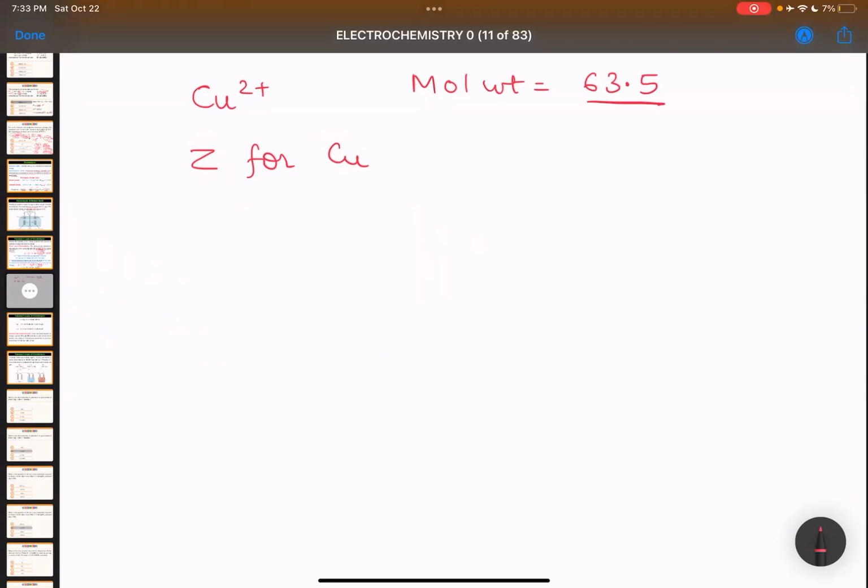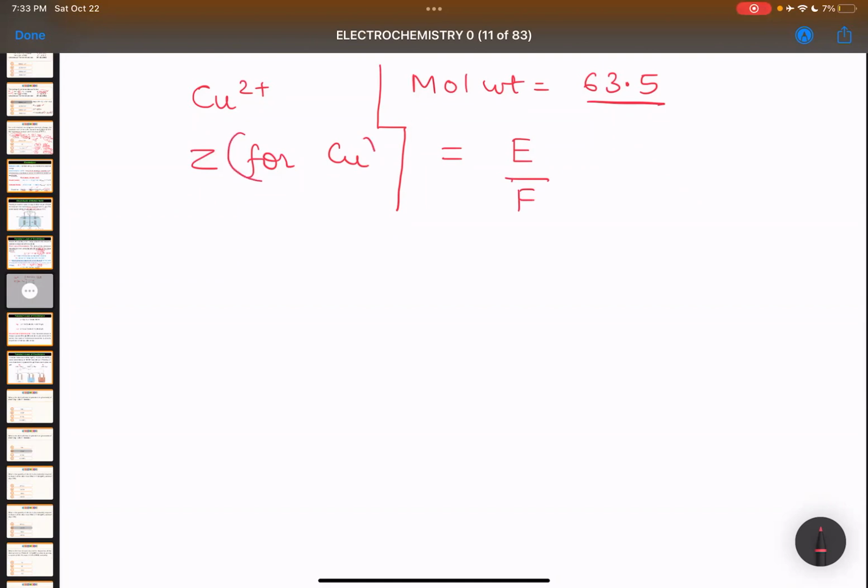So Z equal to E by F, or you can remember it as E equal to FZ.